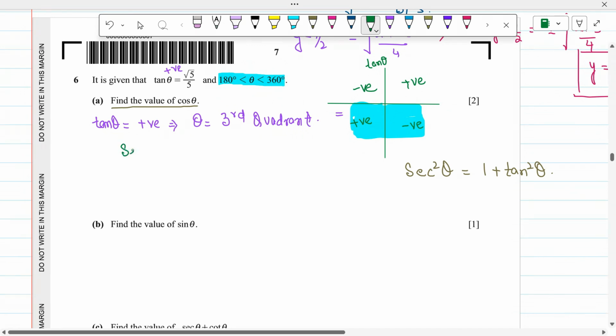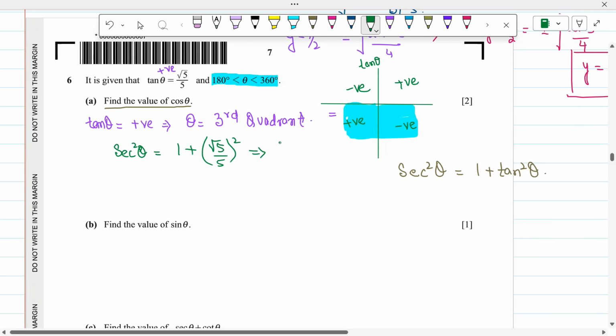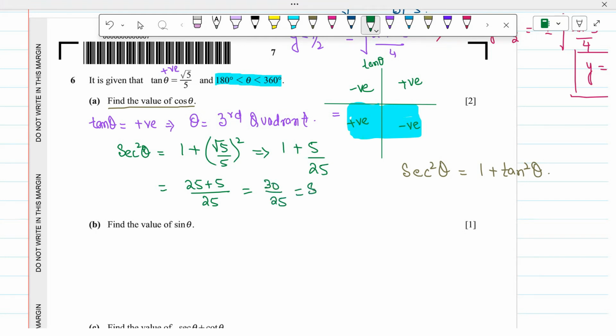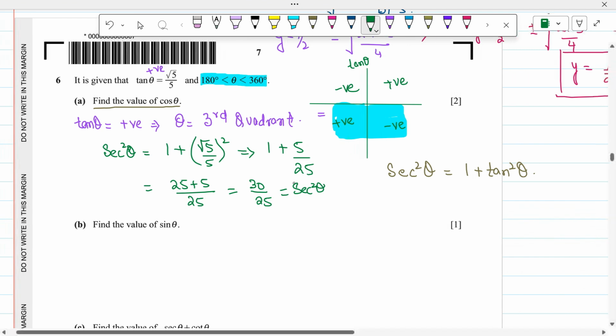Secant squared of theta is equal to 1 plus tangent squared of theta, which is (root 5 over 5) whole squared. This is equal to 1 plus 5 over 25, which is 25 plus 5 over 25, which is equal to 30 over 25. And this one is equal to secant squared of theta.